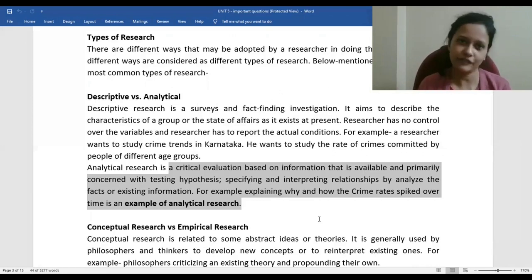That means notifications were out everywhere, on the news also, and even police officers were spreading that awareness. So how did they conclude that there would be an increase in the rate of crimes? It is because they analyzed the situation: a lot of workers migrated to their hometowns.